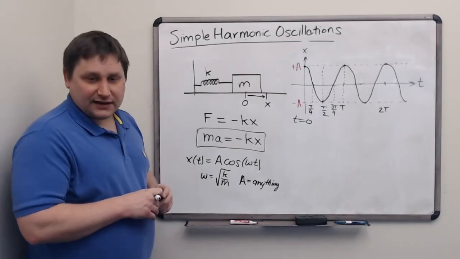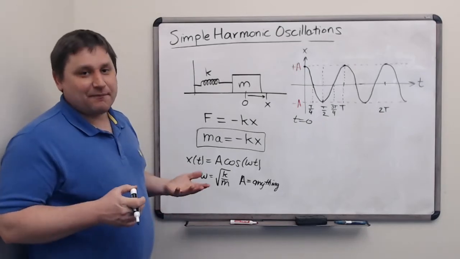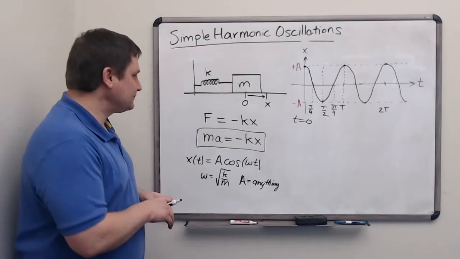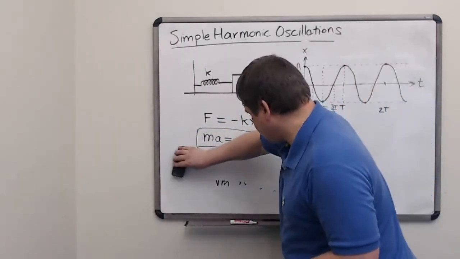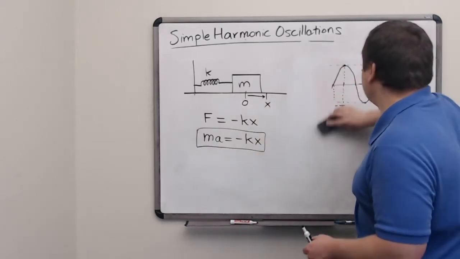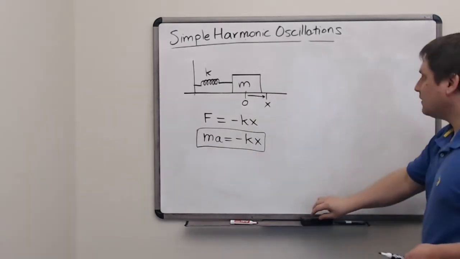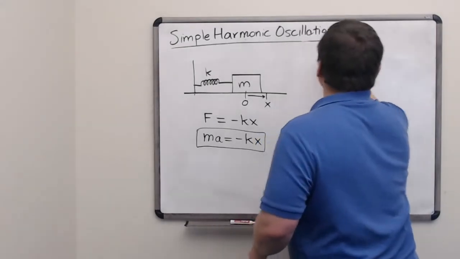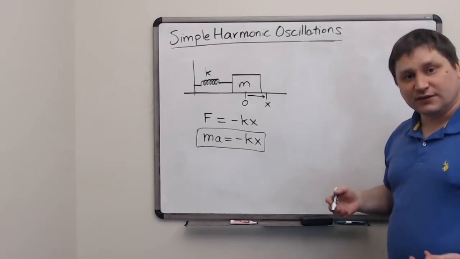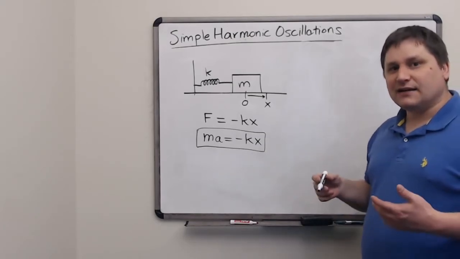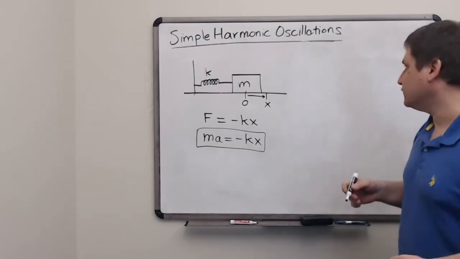So what we have to do is make a better guess. So x equals A cosine omega t was a solution. It was a good guess, but it was not the most general possible solution.